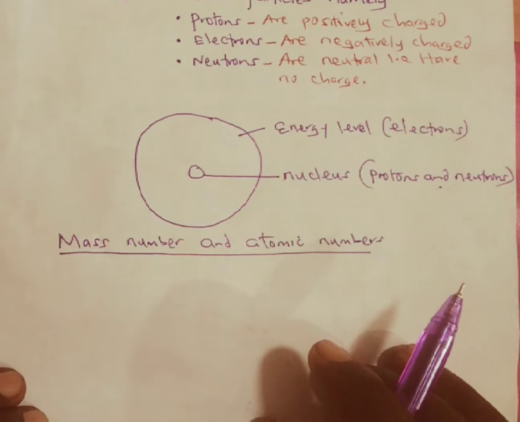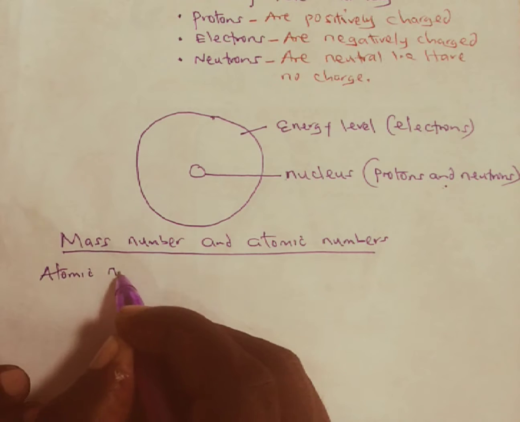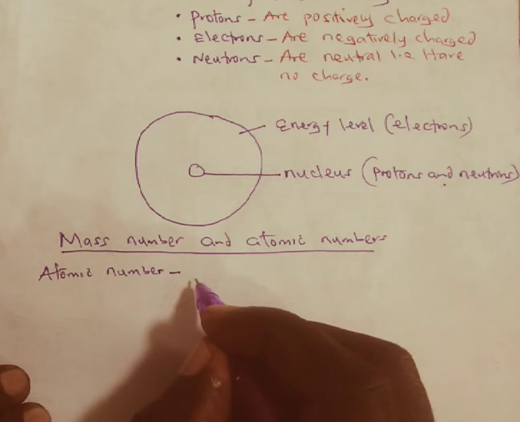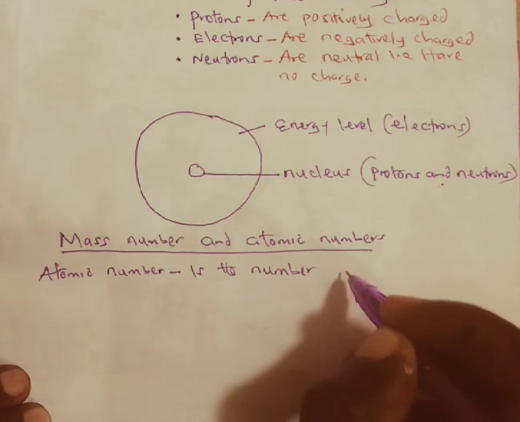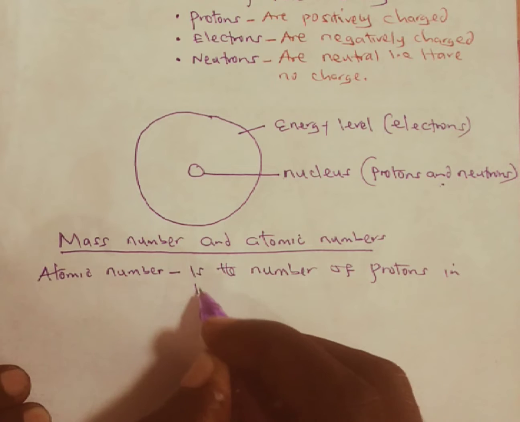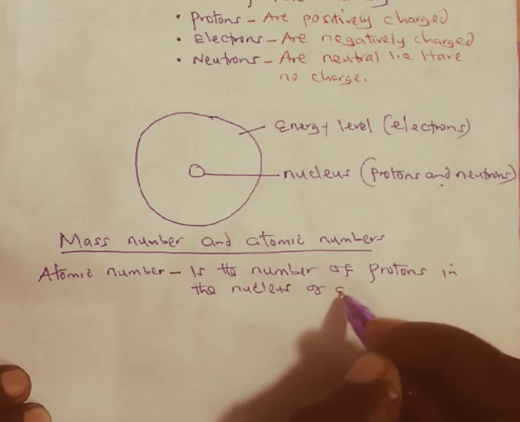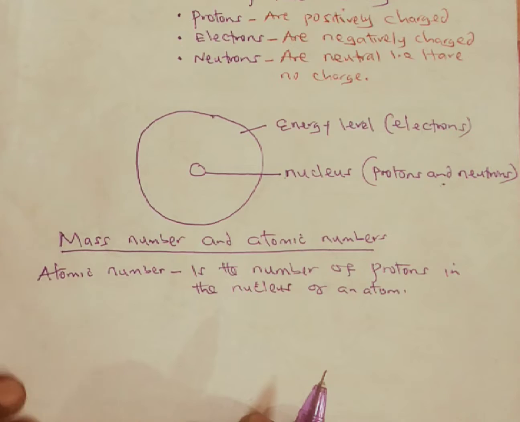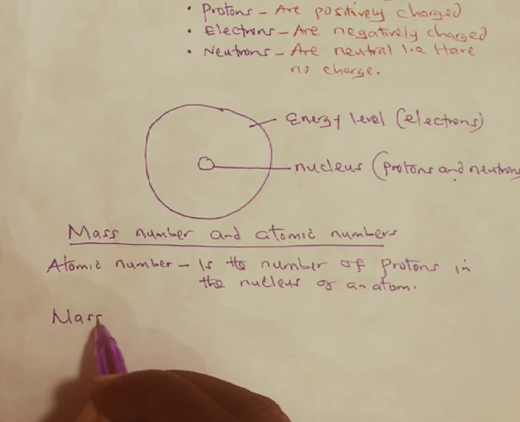When we talk about atomic number, it simply represents the number of protons in the nucleus of an atom of an element.